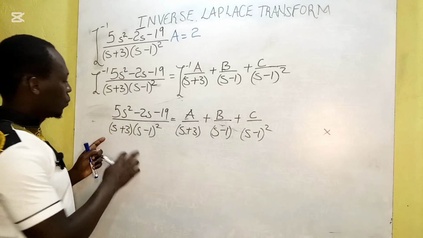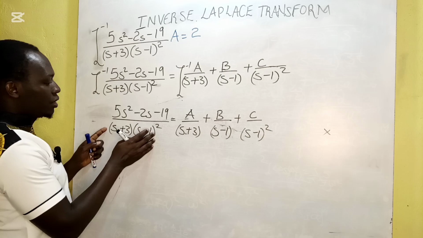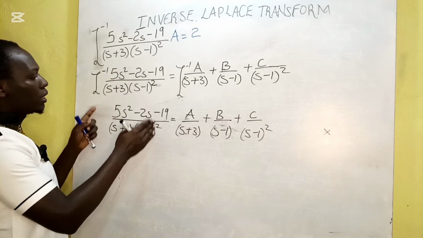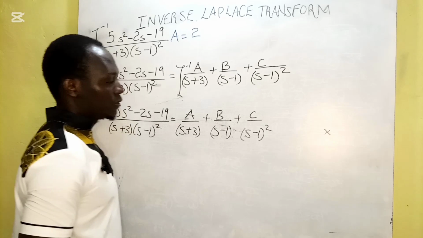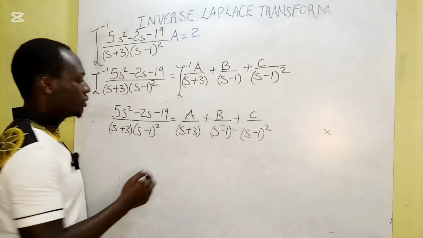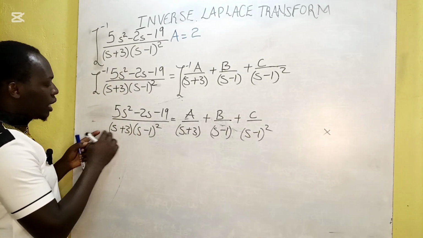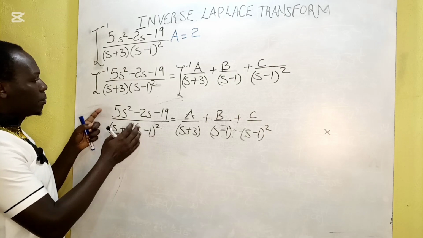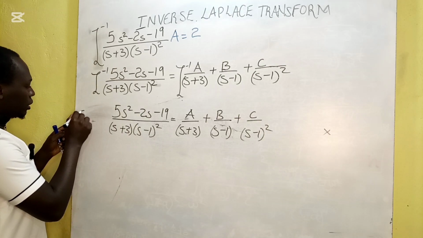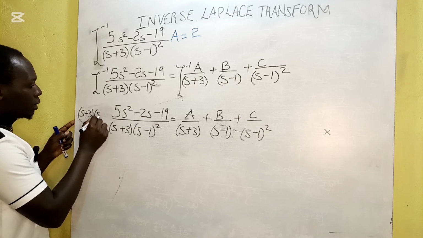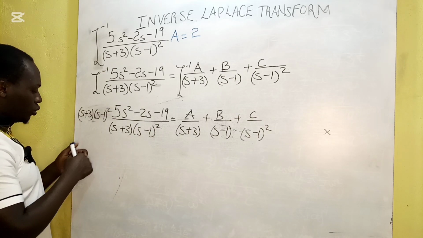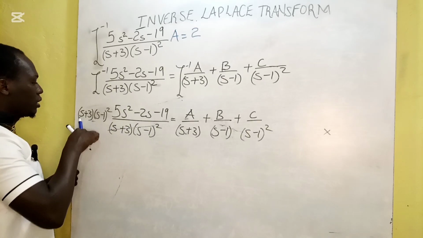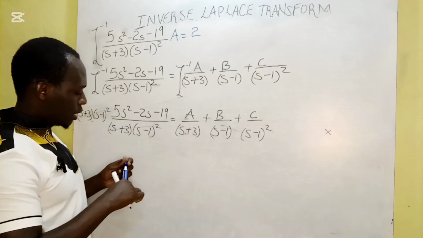This means that we take whatever we have on the denominator and multiply it by each of these functions. When we take our denominator, we multiply by (s + 3) and by (s − 1)². The whole of this and this one will cancel out.